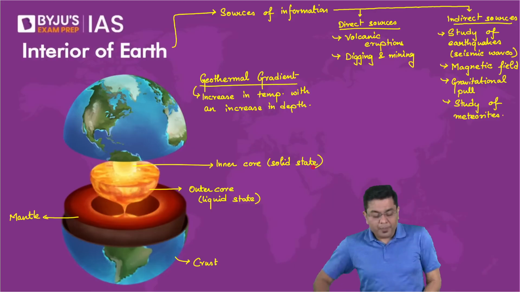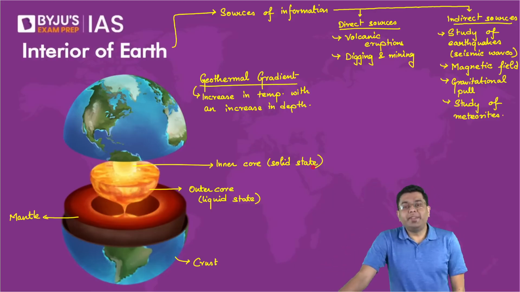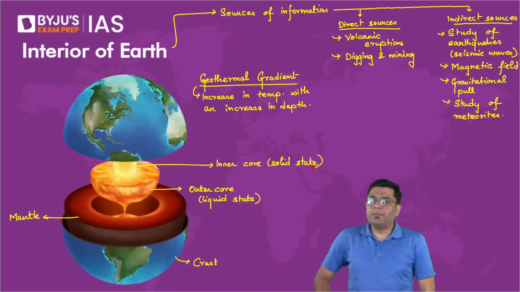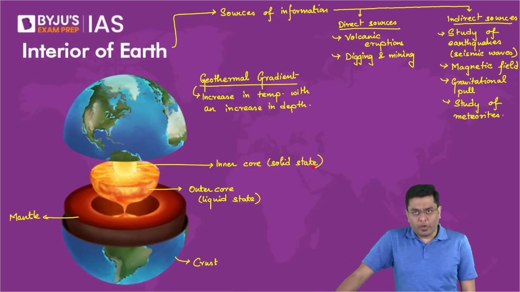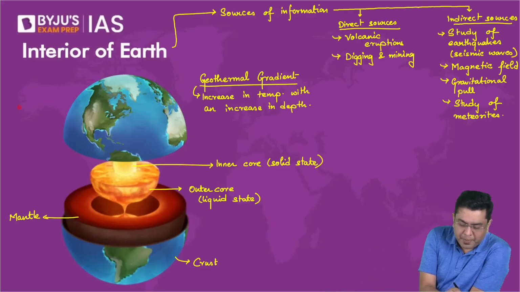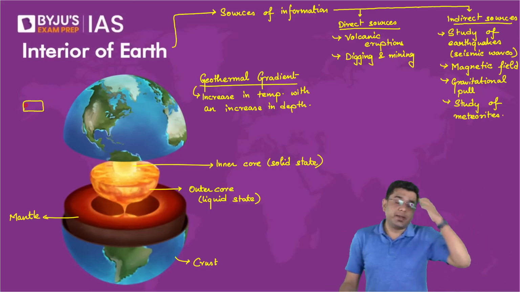Okay. Now, the inner core is in solid state. The outer core is in liquid state. Despite the very high temperature, the inner core is still in solid state. Why is that? Let us understand that with the help of the basics here. Let's suppose we consider a solid object.